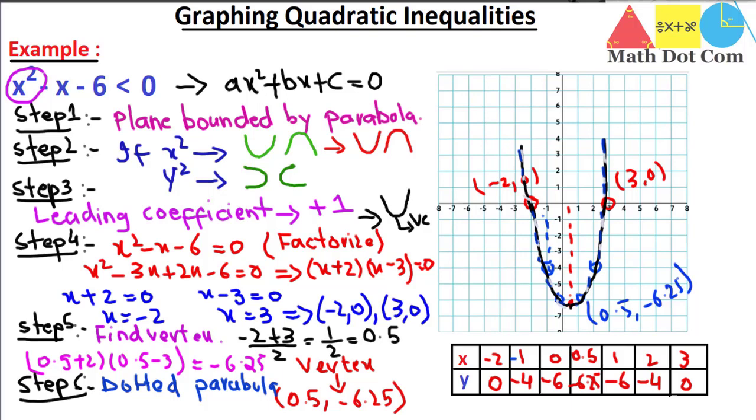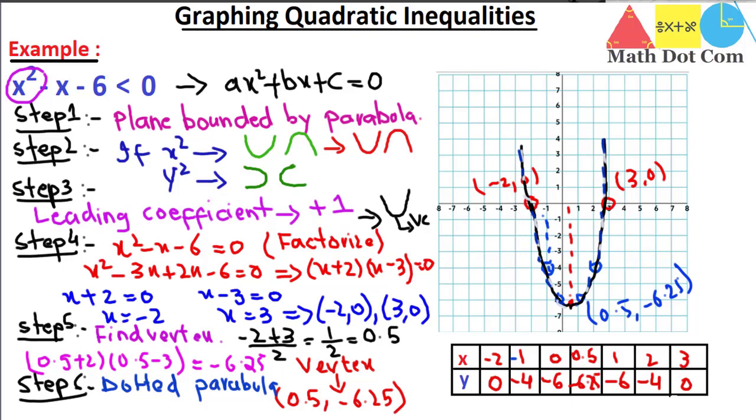So let's highlight which area is going to be the solution set of the given inequality. In step 6 we have seen there is a dotted line in the parabola. It means the points on the parabola will not be a part of the solution set. And the very important thing is, now we have to decide whether the area will be outside the parabola or the area enclosed within the parabola, which area we should consider.